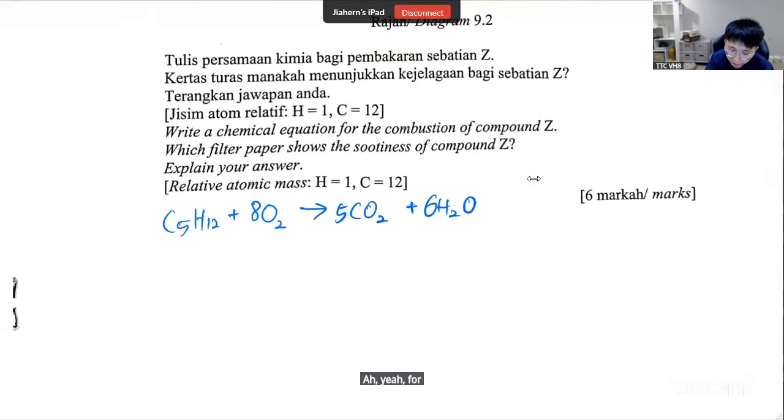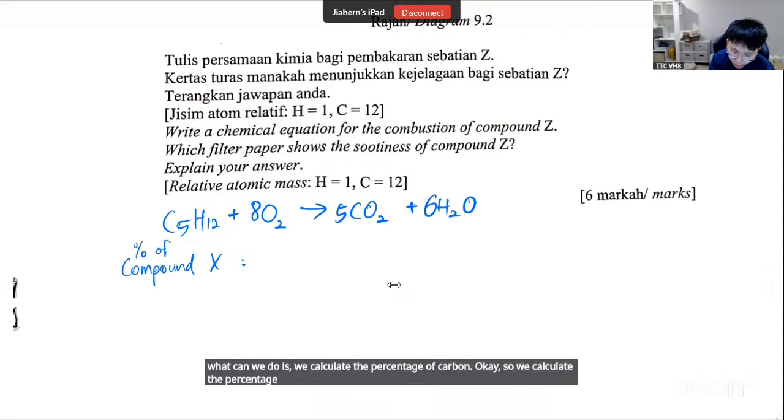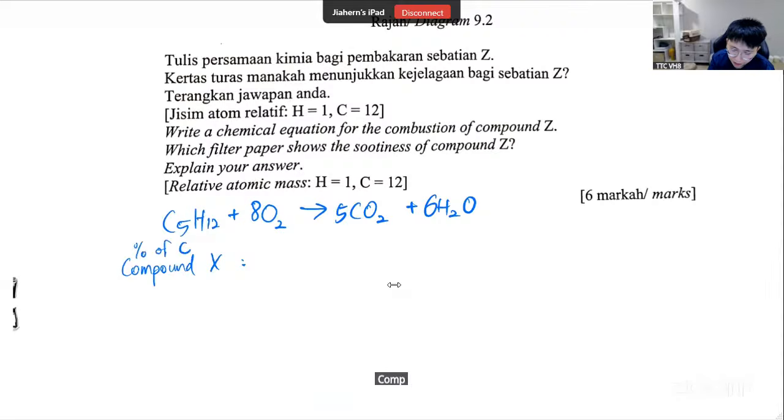You have to show your working where, let's say, we say this one is compound X. What we can do is we calculate the percentage of carbon. Compound X is C5 over C5H10 multiply 100, while for compound Z it is C5 over C5H12 multiply 100.